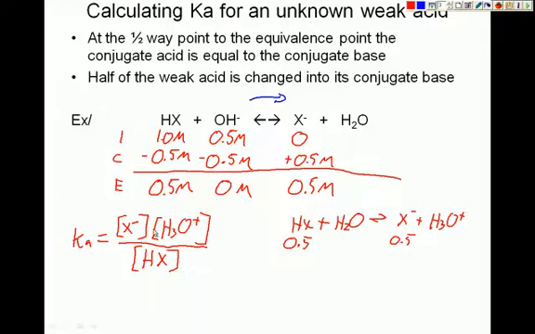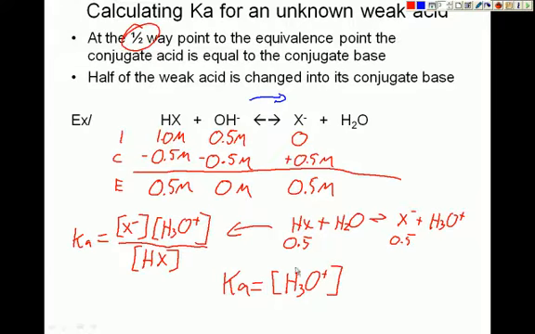Now, plugging these numbers into our Ka, what we find is that our Ka equals just our concentration of H3O plus at the halfway point.